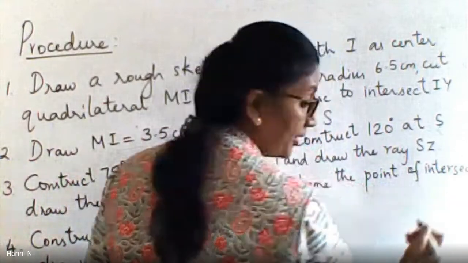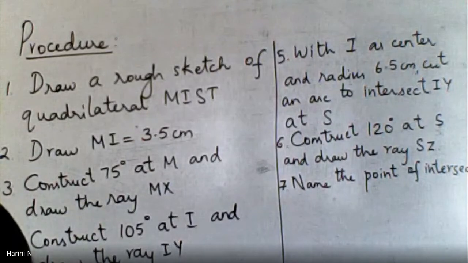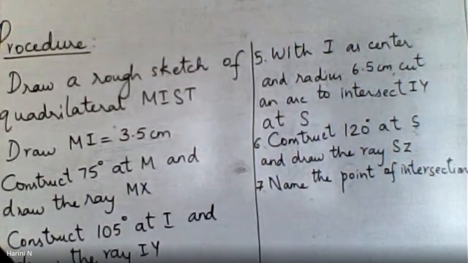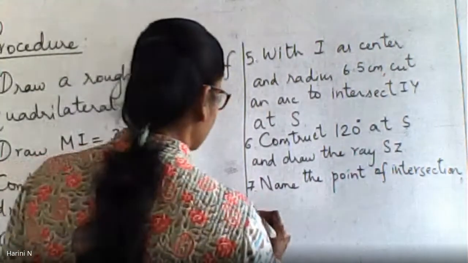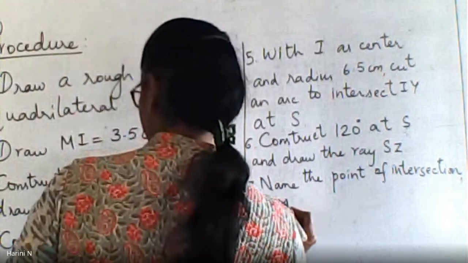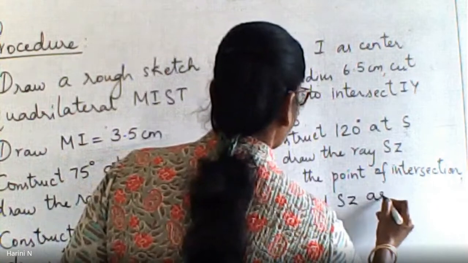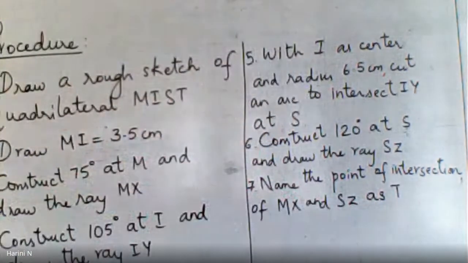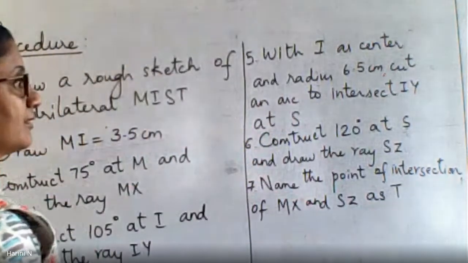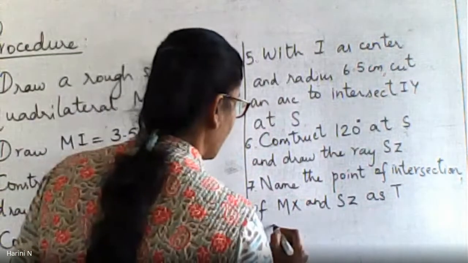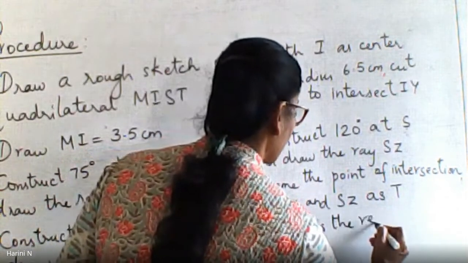I think it is going out of my viewfinder. Name the point of intersection of MX and SZ as T. The point of intersection has become T. So once you got T, what happens? Therefore, MIST is the required quadrilateral.